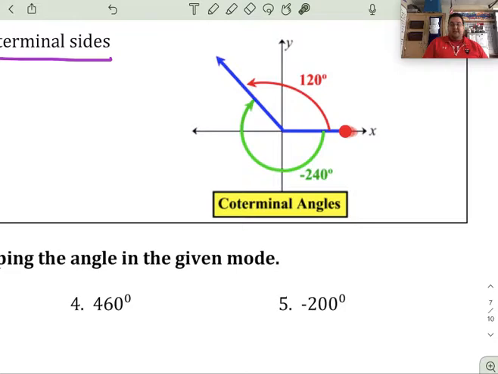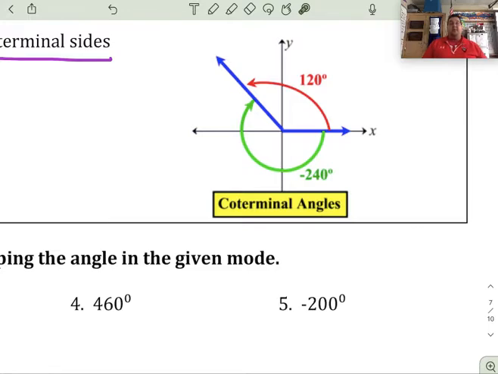The initial side is over here on the right side. If you go positive 120 degrees like that, that puts you to your terminal side over here. Now, we're still starting off to the right here, but instead of going positive 120, if we go negative 240, that'll end in the same spot. So those are two coterminal angles right there. Positive 120 and negative 240 are angles that start and end in the same spot.